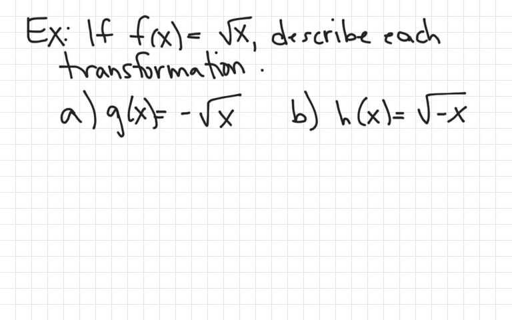Let's look at the square root of x again. We want to describe each transformation. Well, I had said that if you multiply the outside of the function, the outputs of the function, by negative, that reflects it over the x-axis.